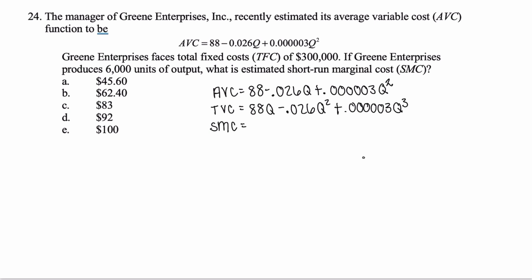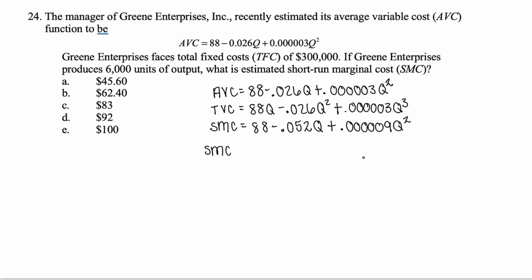It's up to you. And we're going to have 88 minus 0.052 Q plus 0.000009 Q squared. And then you're going to substitute 6,000 into that.